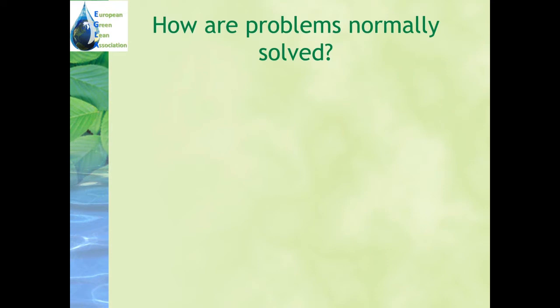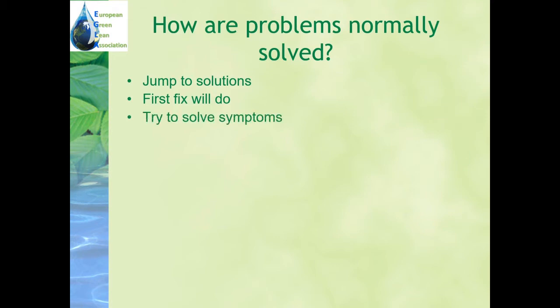So how are problems normally solved? These might be quite familiar to you. Jumping to solutions happens very often. The first fix that we find and figure out will do. We try to solve symptoms, i.e. the things that we see first, without thinking about what is causing them.